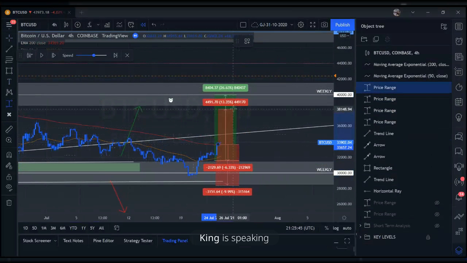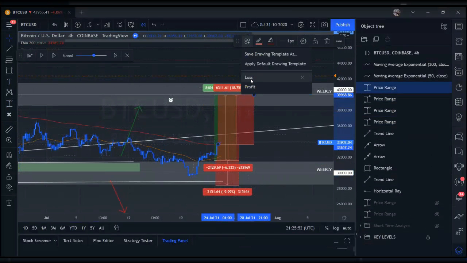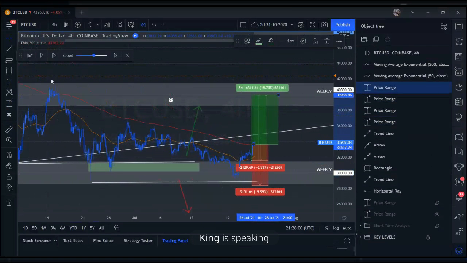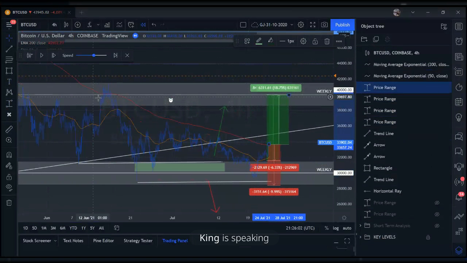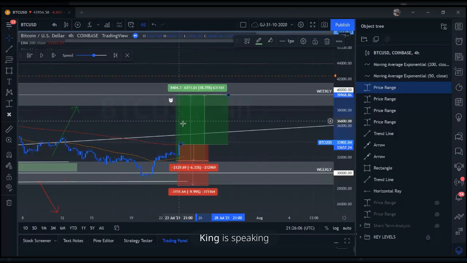And we've got another 18% to the weekly level. And really the weekly level is not even the actual high, but yeah. So this is a better trade. This is a better risk to reward trade. This is more along the lines of 3-to-1 instead of 2-to-1.